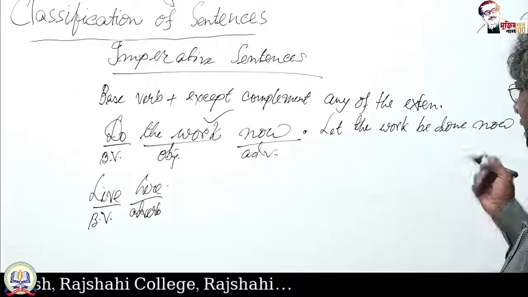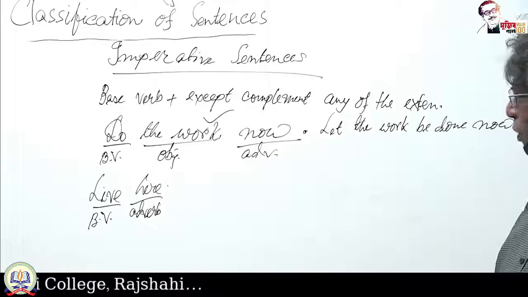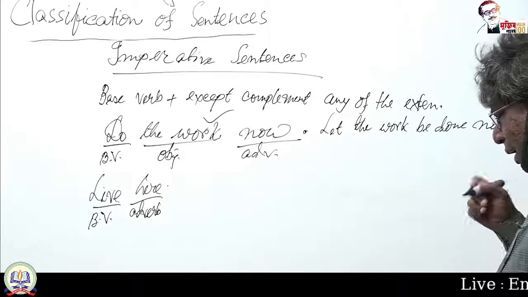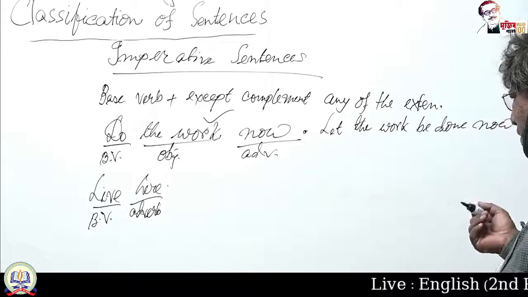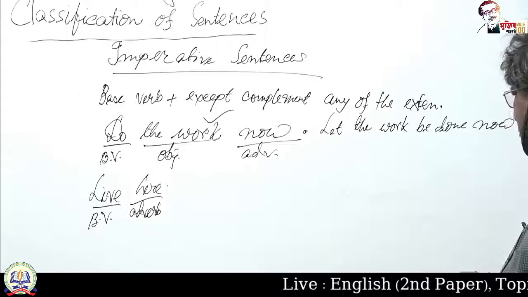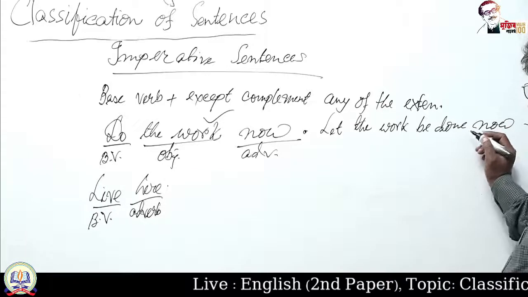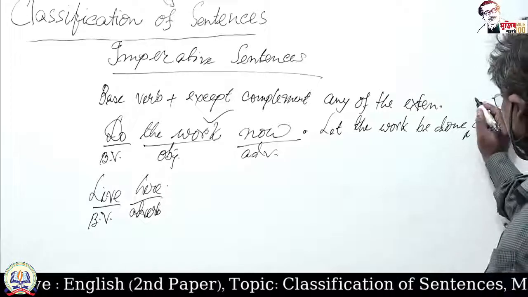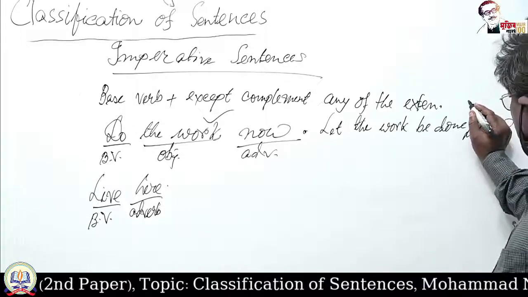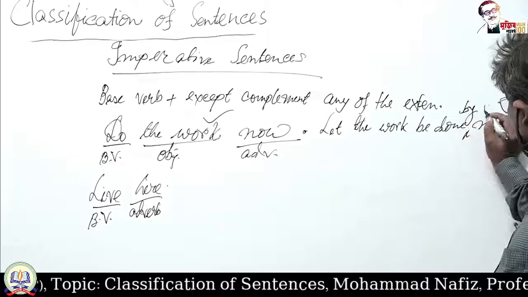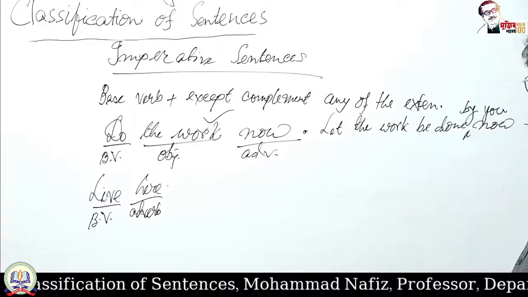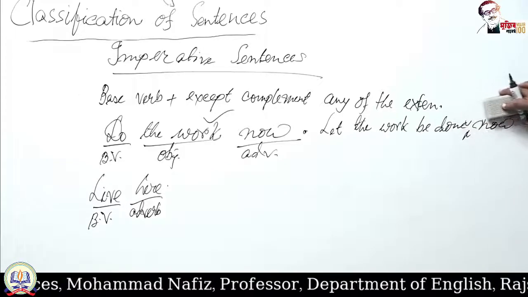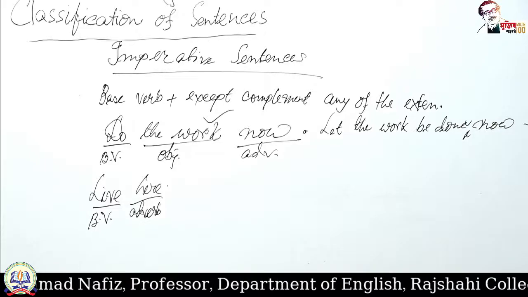So, here even in the passive form of the imperative sentence, the subject is not explicit. Sometimes, in particular in our school days, we are advised to use a phrase by you as the object of the sentence, but I think this is unnecessary. The use of by you is unnecessary.